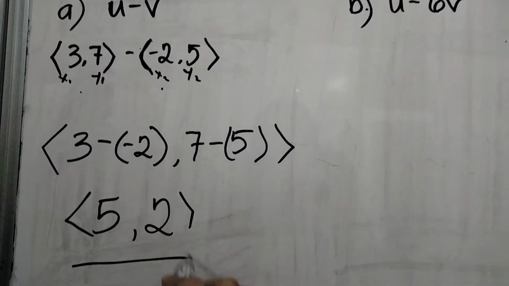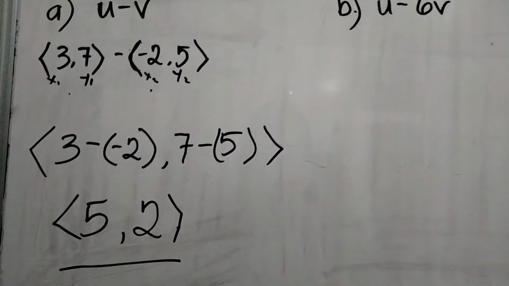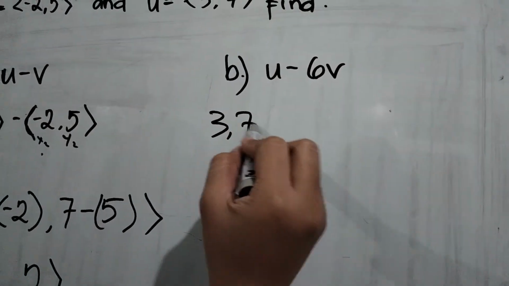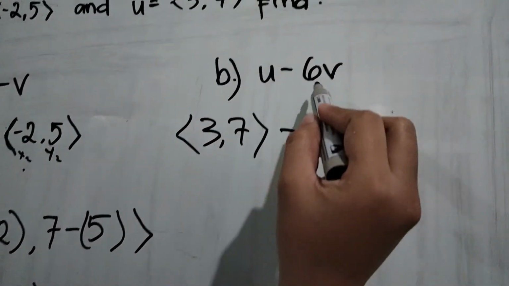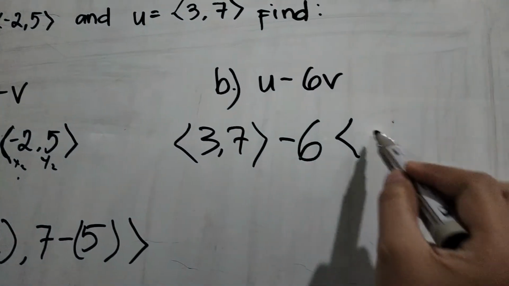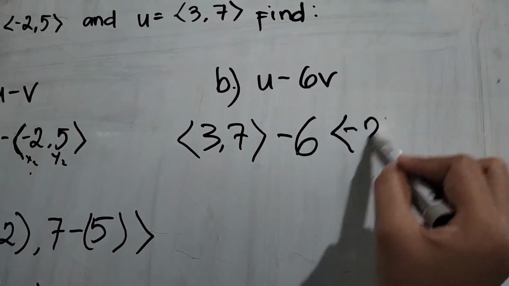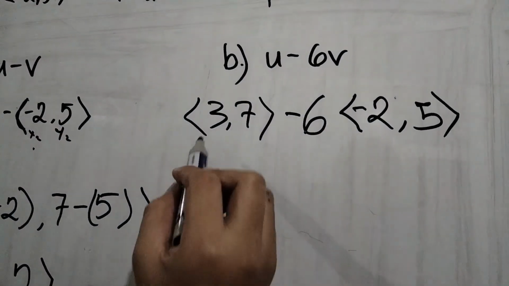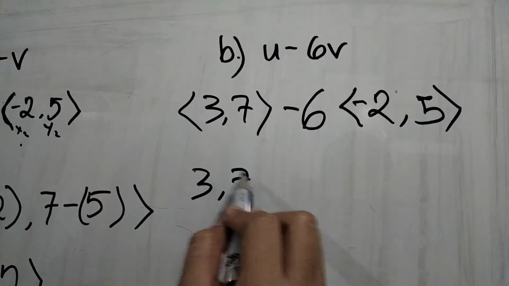So, ito na siya. Next, for letter B is U, which is 3 and 7, minus 6 times V, which is negative 2 and 5. So, baba lang natin to.